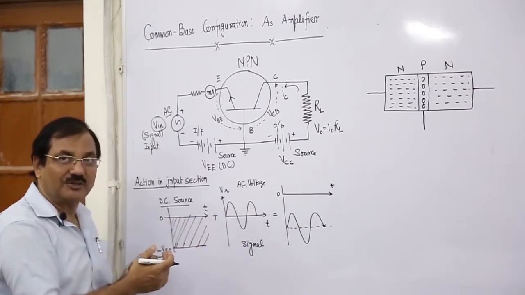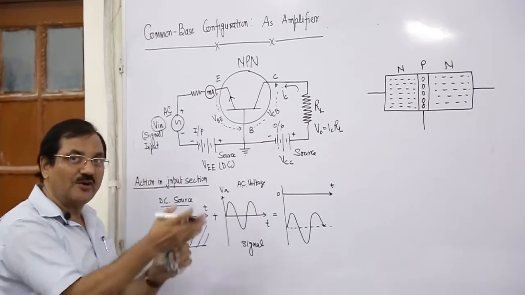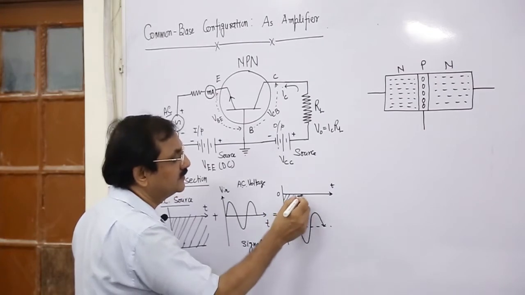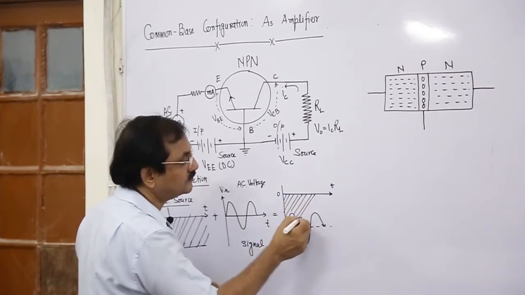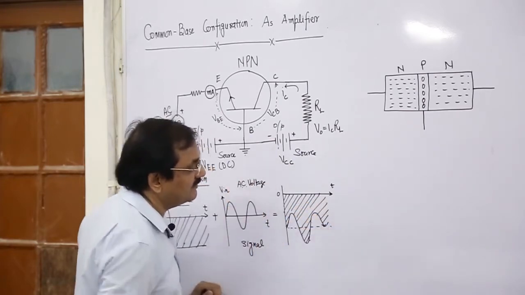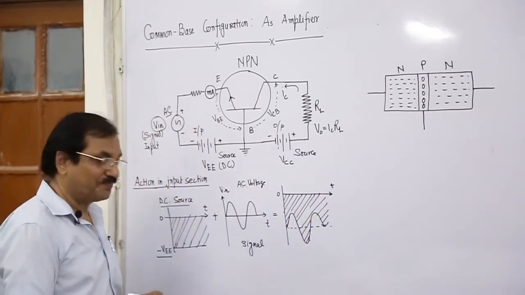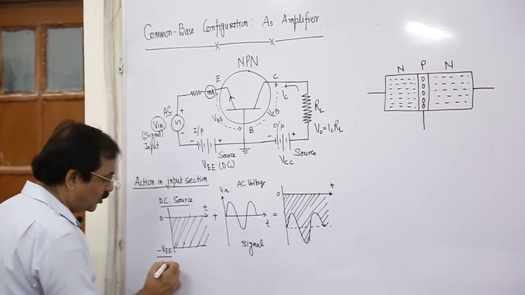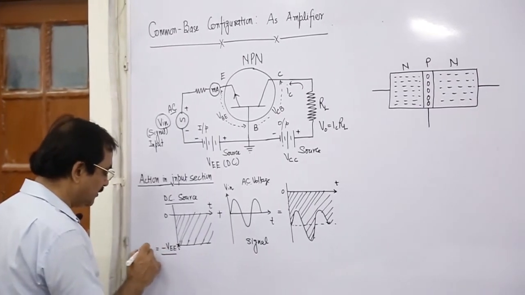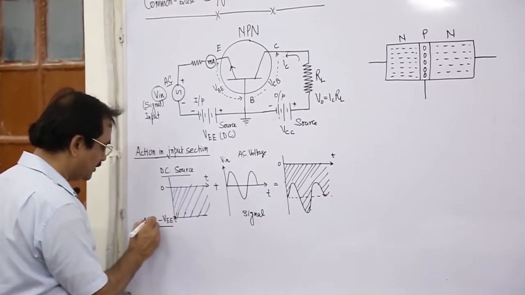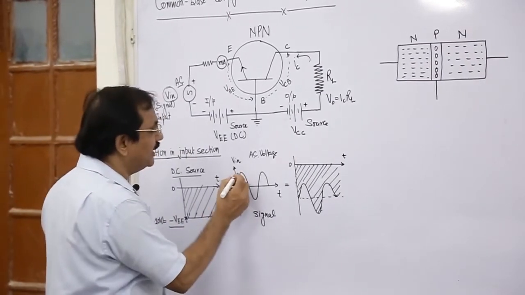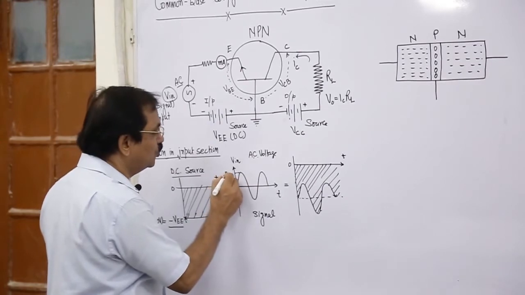After the combination, what will happen? There is a variation of the voltage. So what kind of variation? Suppose this particular voltage is minus 10 volt, and this voltage is say 2 volt.